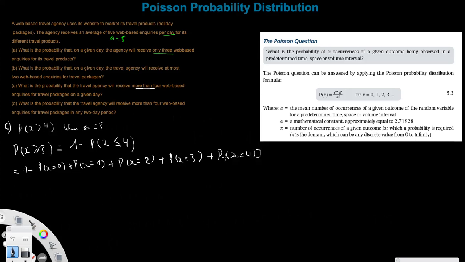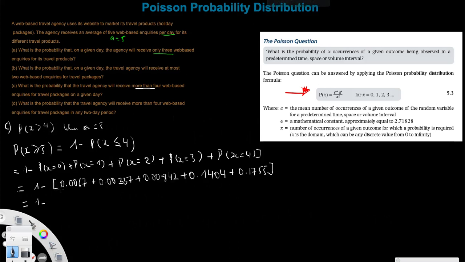Just to save time, the same formula here applies. You can stop the video and do it on your own time. Let me just write the answers already found so that we save ourselves some time. I've individually worked out the probability of all these, and most of them we had already from our previous question. Now I'm just adding them together, which gave me 0.4405.